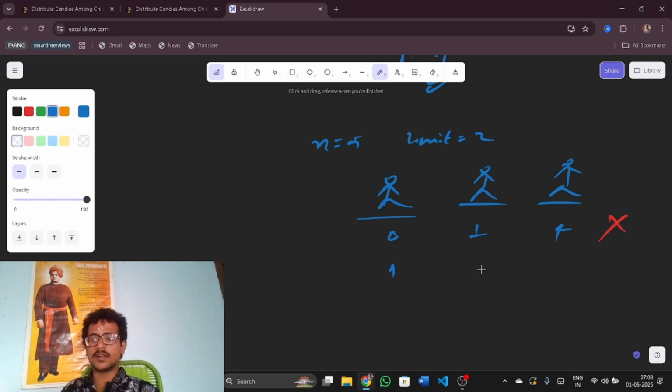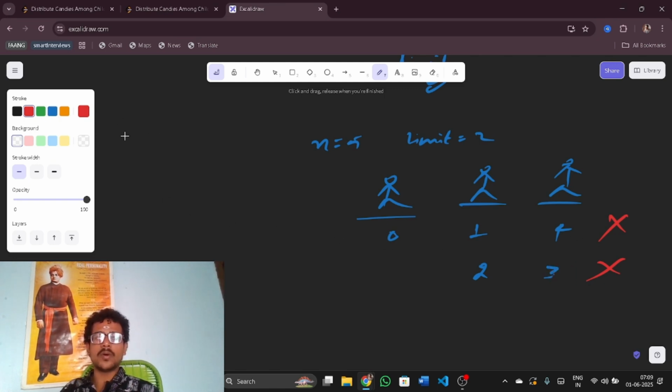Now let us just start with 0 and imagine I have given 2 candies to child 2, right? If I give 2 candies to child 2, I can give only 3 candies to child 3. Now this is also not possible because 3 is greater than 2, right? So this is not possible.